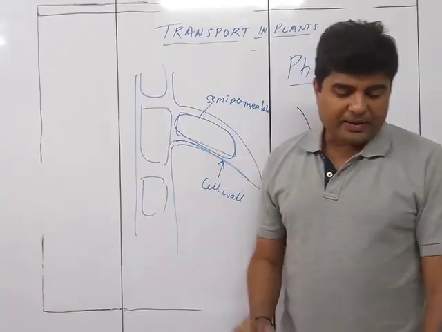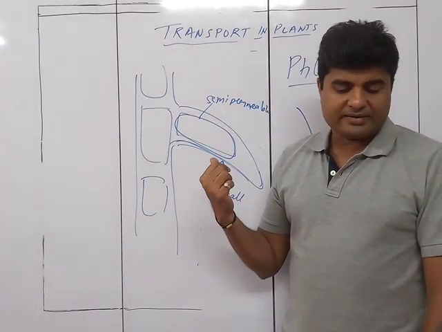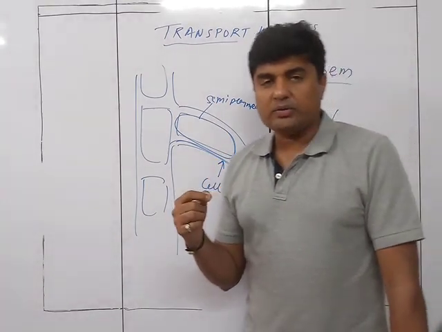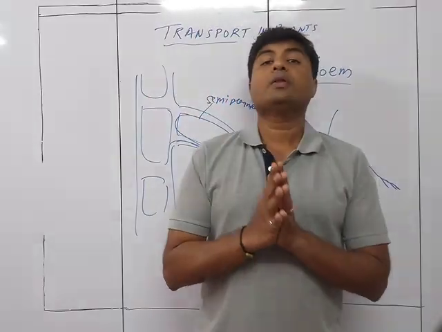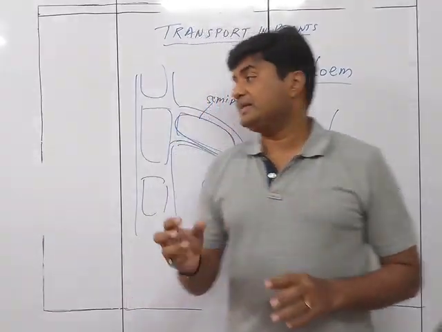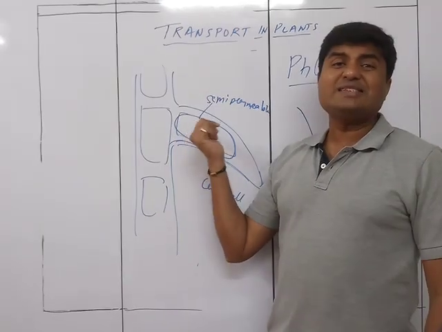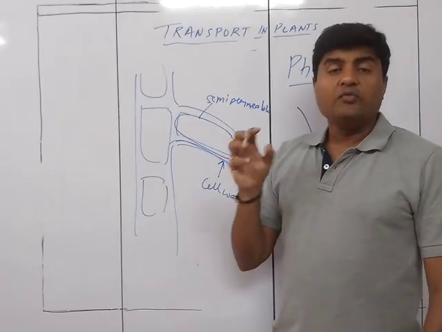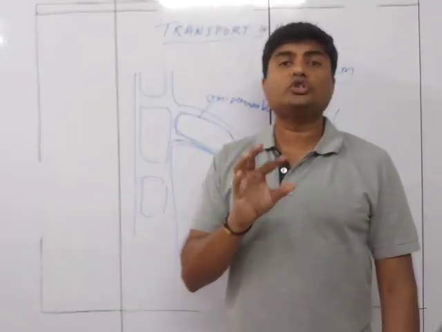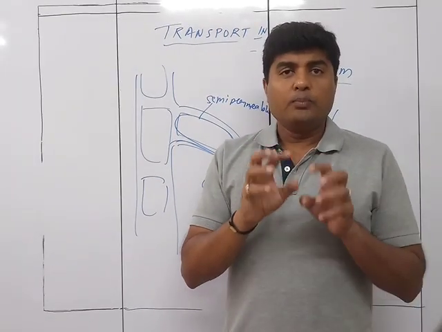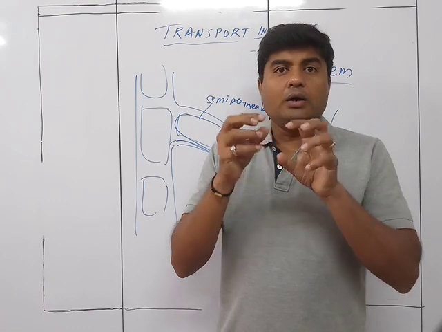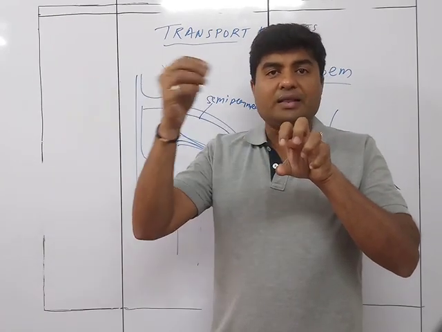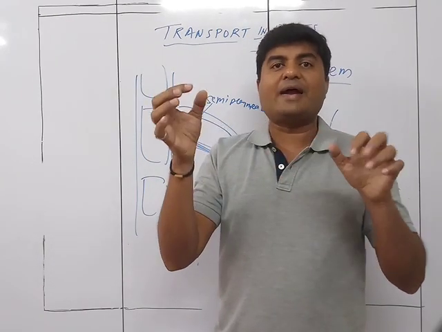The cell sap in the cell is more concentrated as it contains more solute compared to the surrounding soil water. So the basic thing over here is that the cell sap, that is the content of the cell inside this root hair, will have more solute. More solute means more salts. What will happen because of that? Because of more salts, water will come inside immediately because it will try to dilute that.